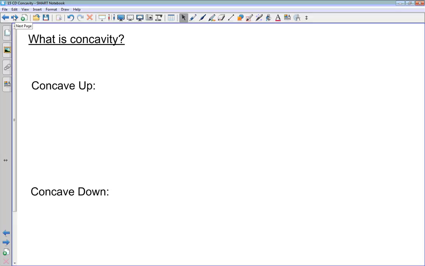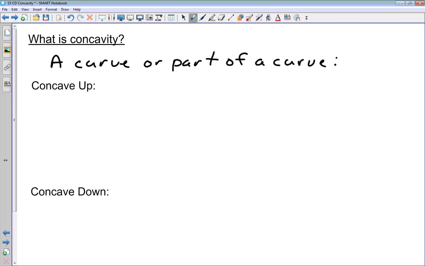So what is concavity? Well, a curve, or part of a curve, can be said to be either concave up or concave down. And you've encountered these words back in grade 10 when they were talking about parabolas. If a parabola was said to be concave up, it opened up like this.